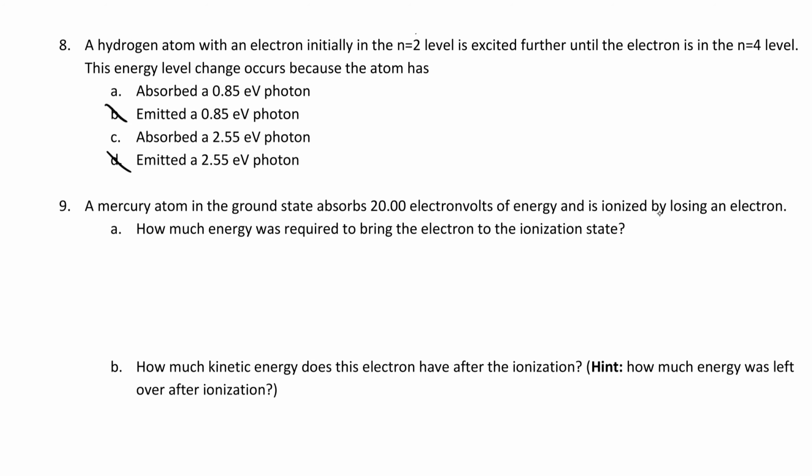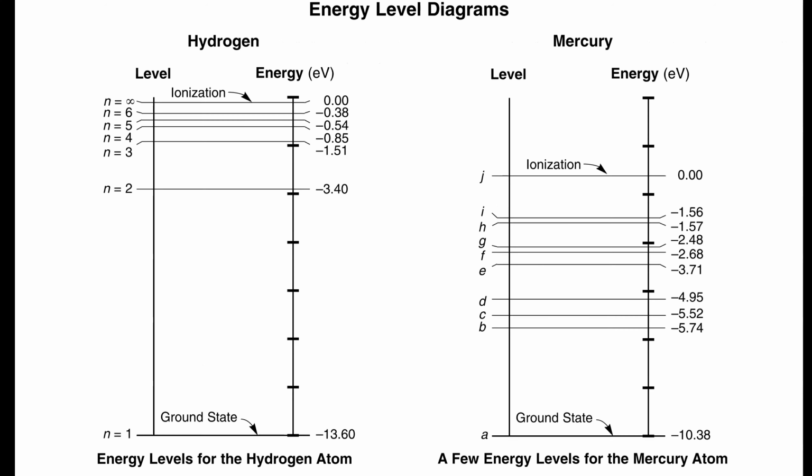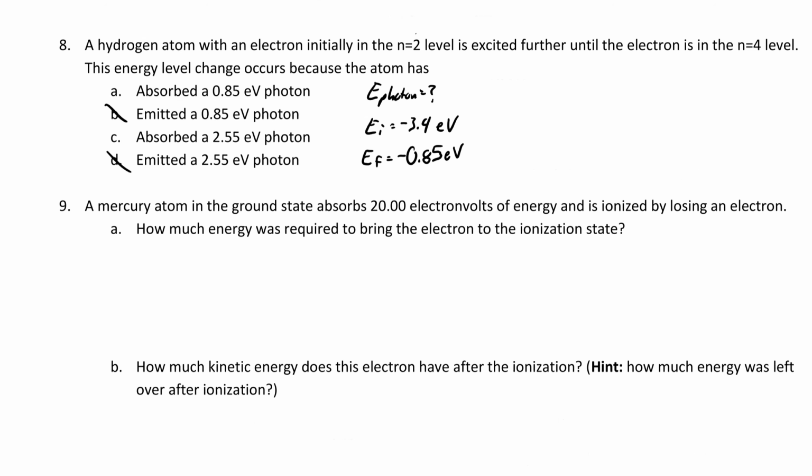And then we need to calculate from 2 to 4. n equals 2 is negative 3.4, and 4 is going to be negative 0.85. So we need to do that subtraction. Actually, you could tell right away what the difference is going to be. It's not going to be 0.85. It's going to be closer to 2.55, but I'll show you anyway.